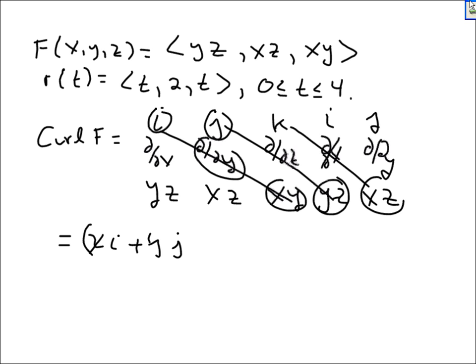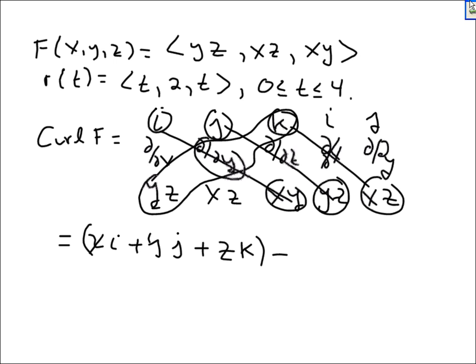With respect to x, it's z in the k direction, minus, in this direction, the partial of this with respect to y is z times k, zk. Plus zk, minus zk, bye-bye.